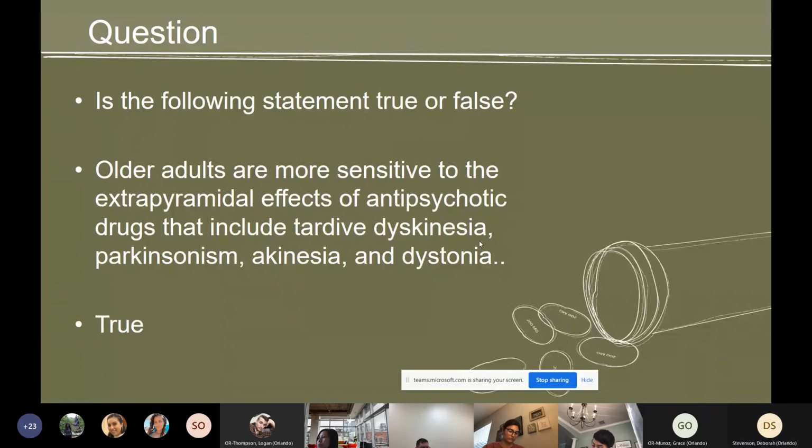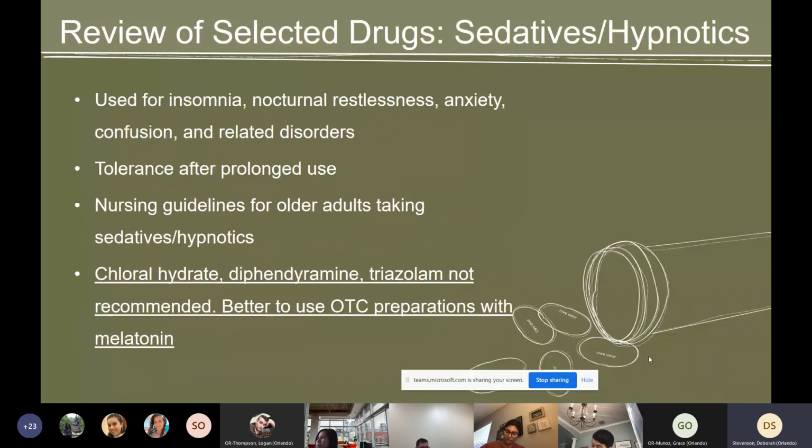All right, almost to the end, class. I know you're probably ready for a break. Okay, so your sedatives and hypnotics, they'll chill them out a little bit. That's what they're used for. If they have insomnia, if they're restless at night, if they have some anxiety. Of course, if they take them for too long a period of time, then they become tolerant to it, so sometimes the dosage has to be increased.